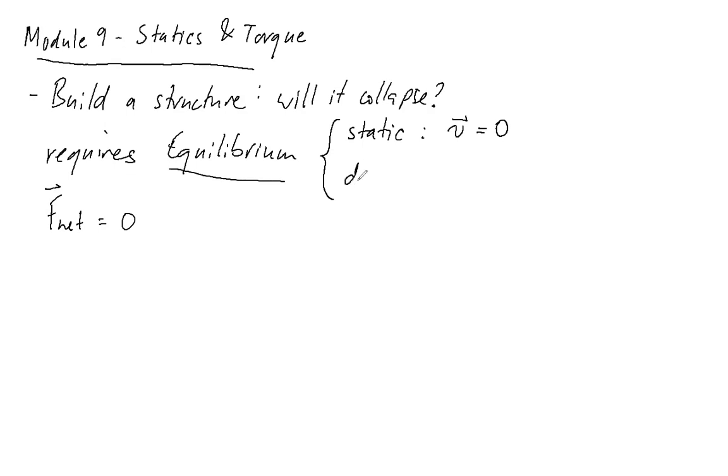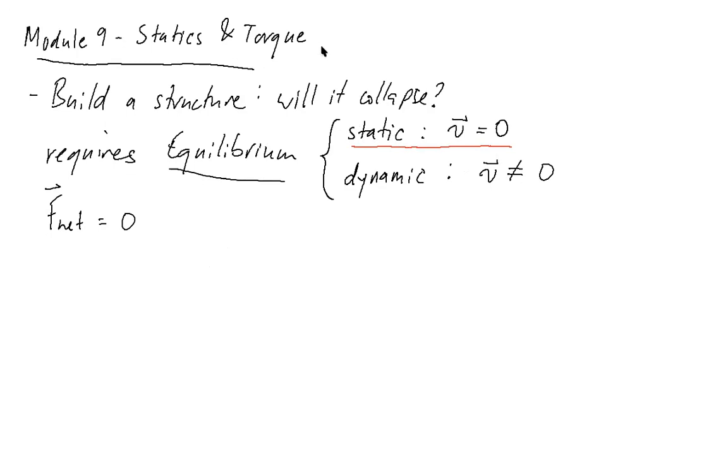The other type of equilibrium that sometimes arises is called dynamic equilibrium. This is a case where you've got the net force equal to zero, but the velocity is not zero. And in Module 9, we are mainly concerned with static equilibrium.